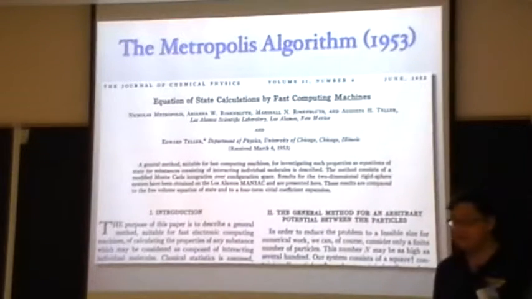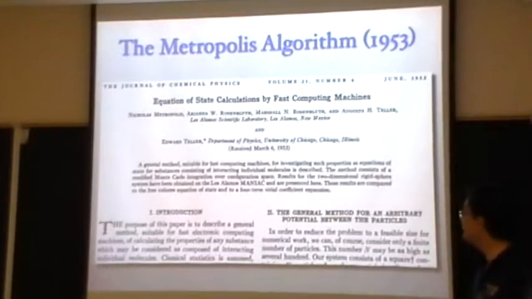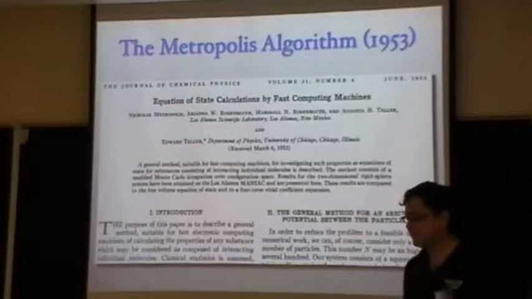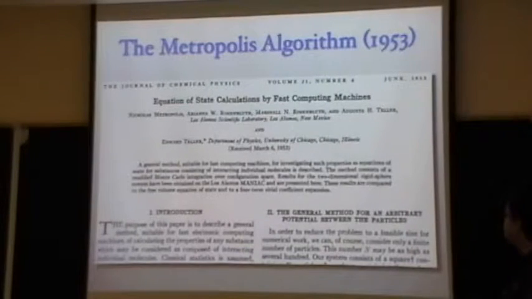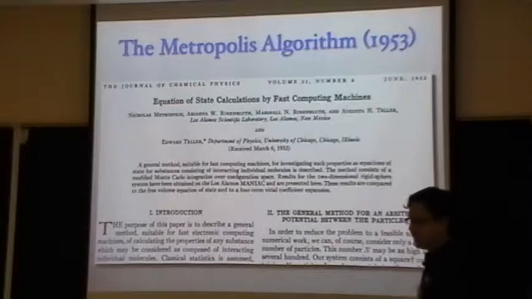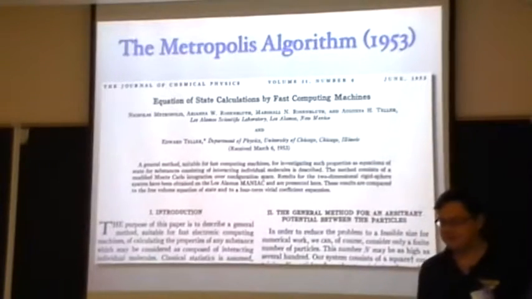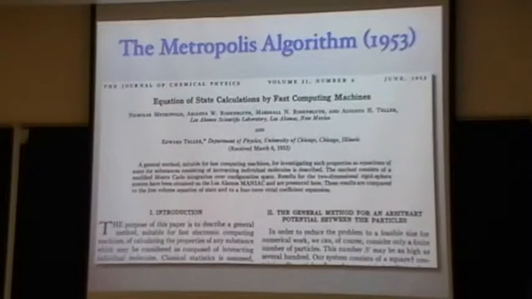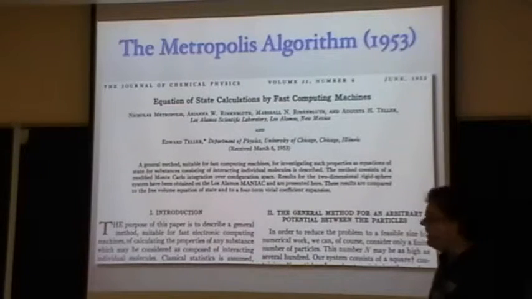And he asked his postdocs, Arianna and Marshall Rosenbluth, to write the method. Arianna developed the method, and her husband coded it, and there's Teller's wife here. She ran the program on the machine then.